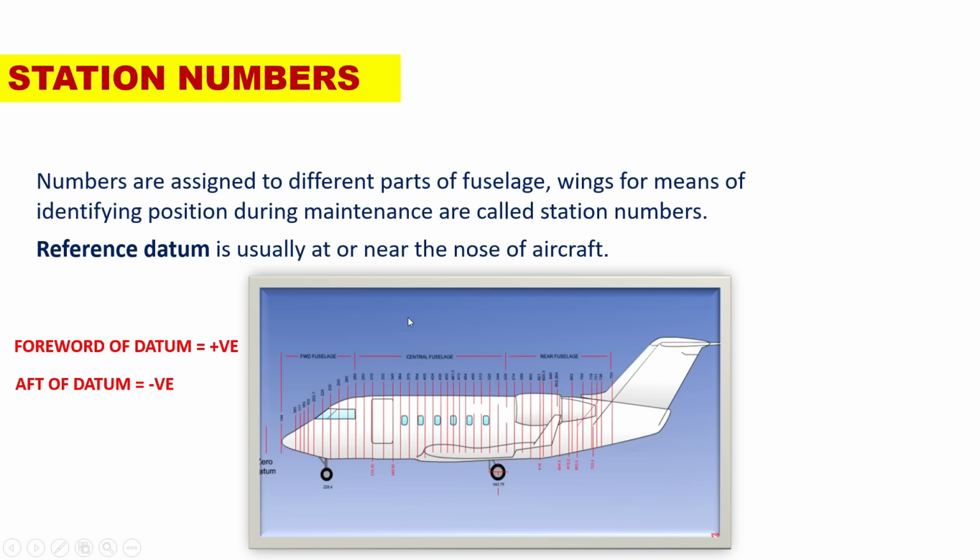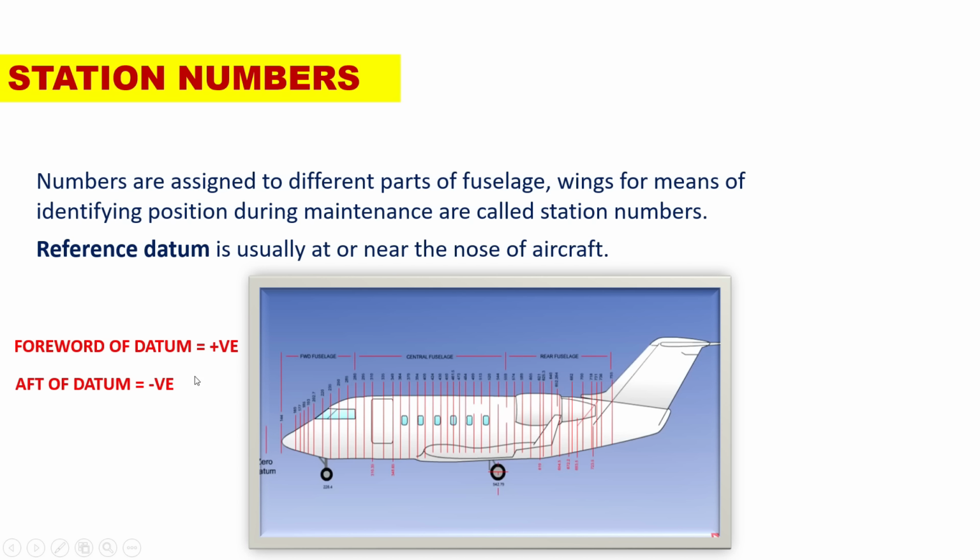So you cannot just tell them, go behind the left seat, move ahead, and look from the third window on the right side. That would be confusing for the maintenance crew or anyone to understand, right? So what we do is divide the aircraft into various small parts and then number them so that we can assign a position to all the parts of the aircraft, right?